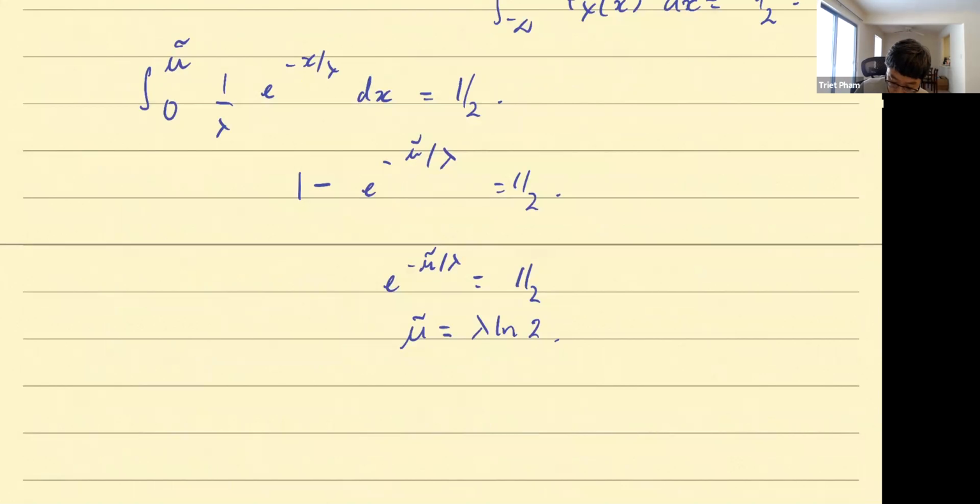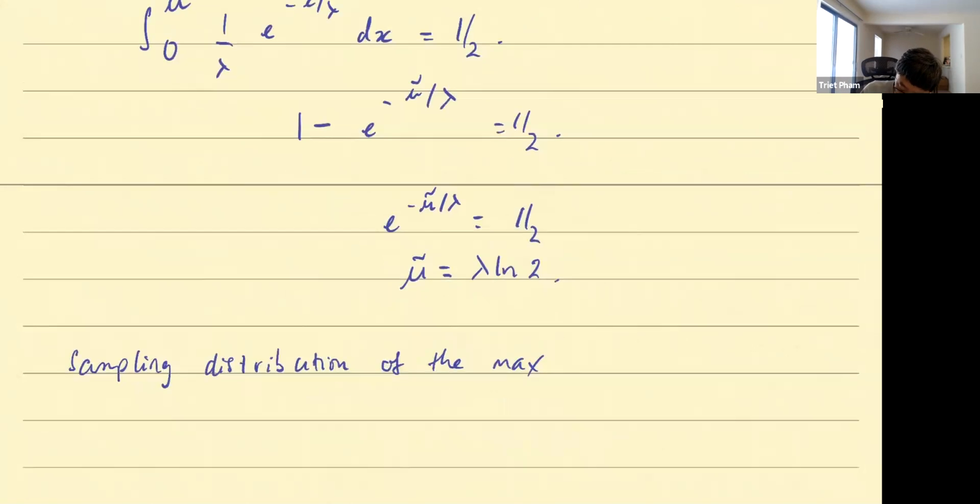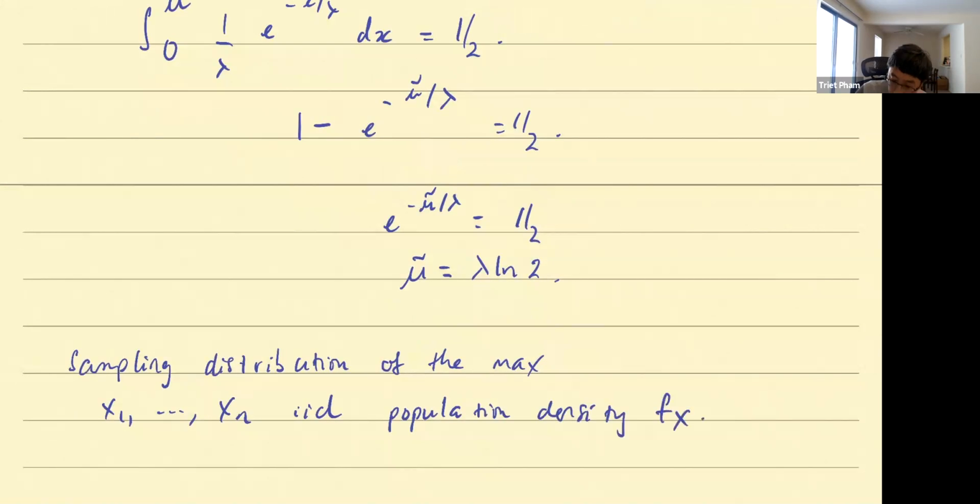All right, so let's start with the easy one. The sampling distribution of the max. Suppose that we have x1 up to xn IID with, let's say, population density f sub x.